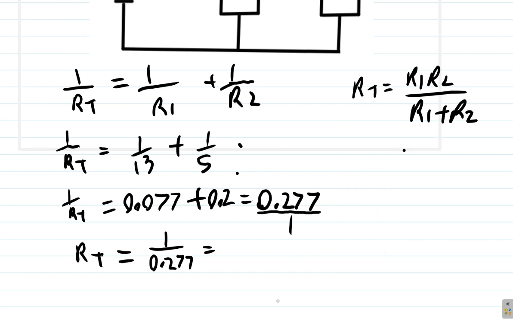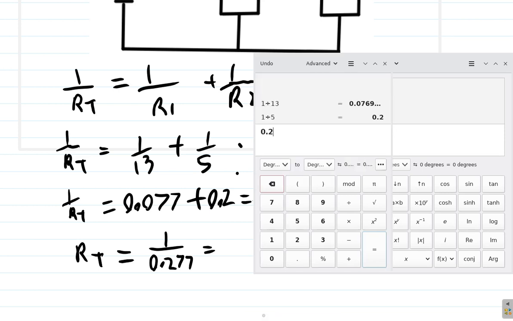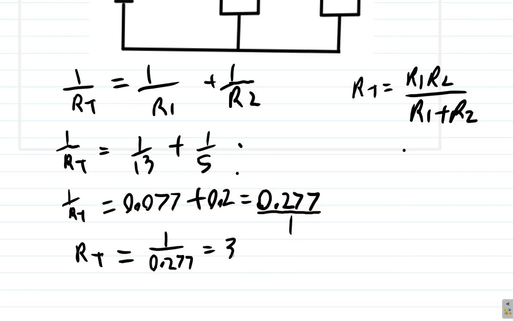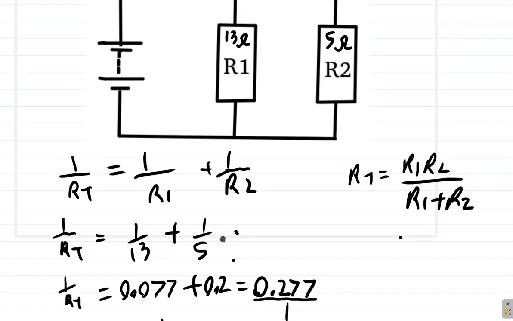Let's find out. 1 over 0.277 is equal to 3.61 ohms. Okay, now that's RT.